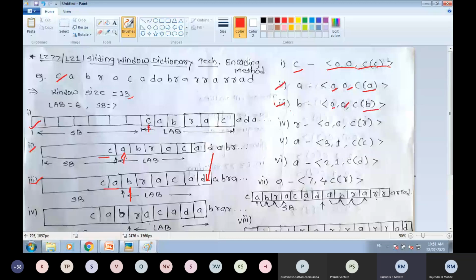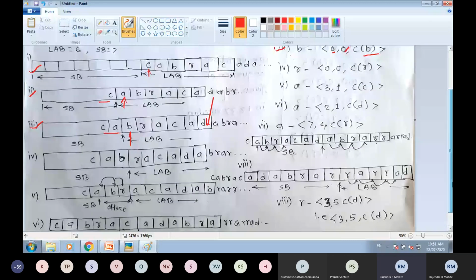Similarly, in the next case, you have to update the window likewise on the fourth place. So in the search buffer there are three alphabets C, A, B. Take the place of B by R. Also slide one alphabet inside in the look ahead buffer.